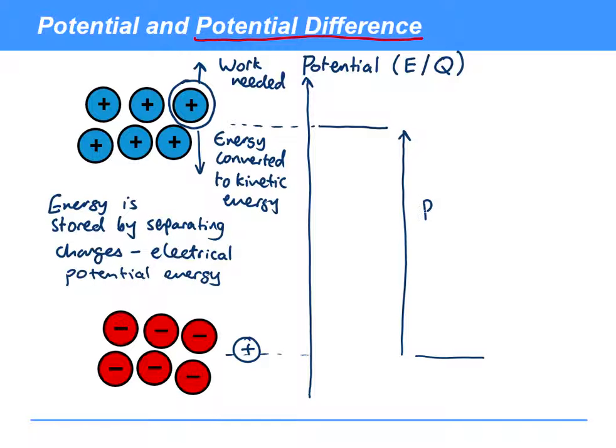So this here is now the potential difference, measured in volts, sometimes known as a voltage, and that is the difference in energy between these two states for 1 coulomb of charge.